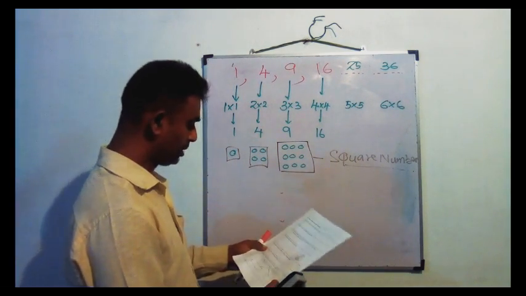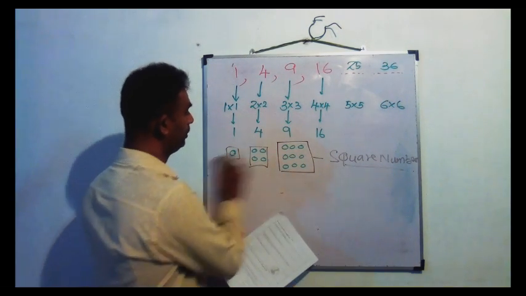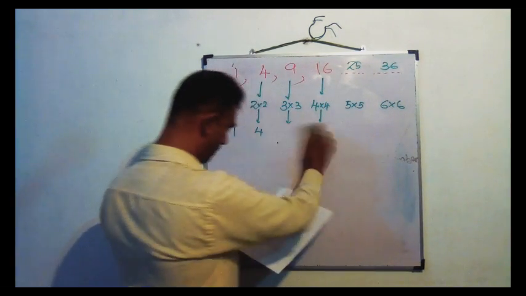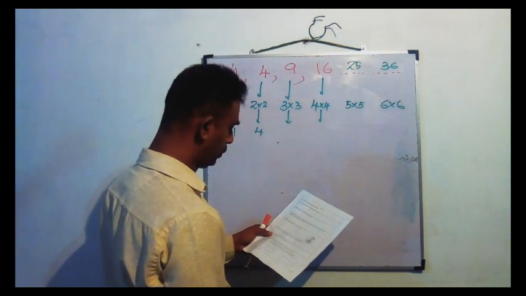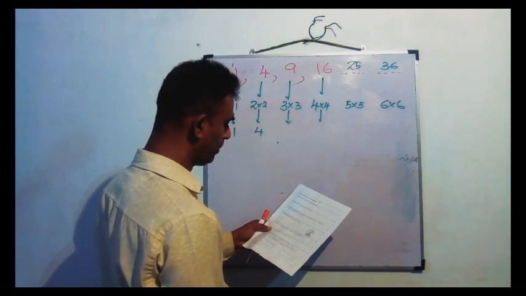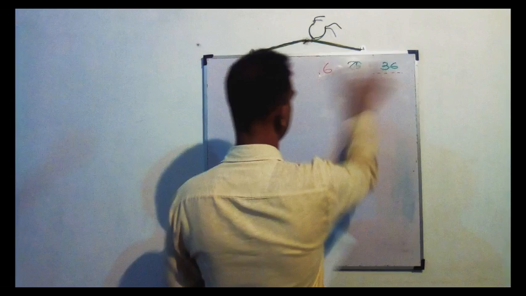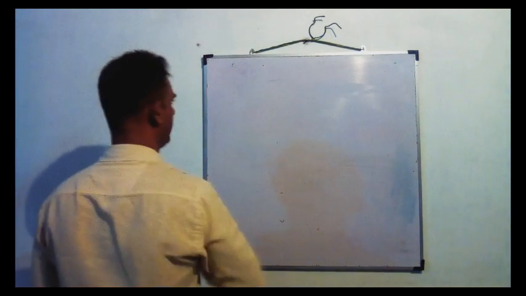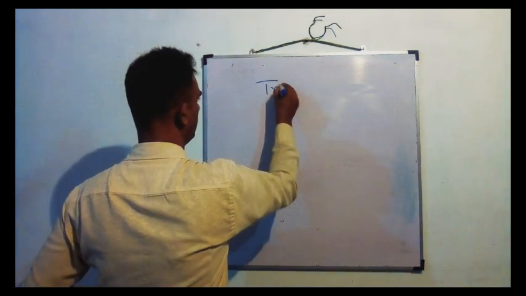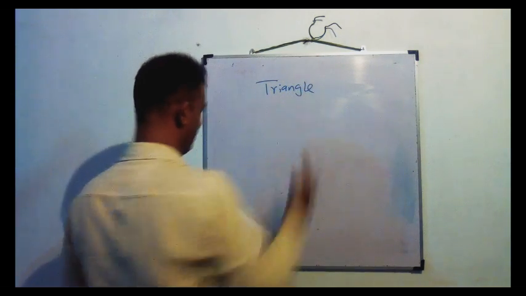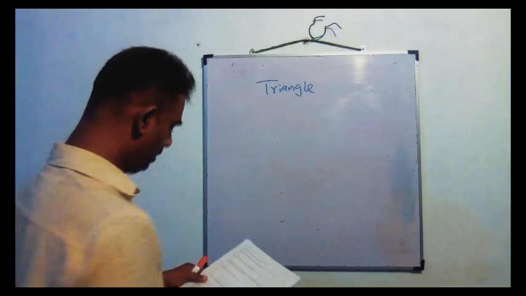Separate the following things into groups and write a suitable name for each. What is there? Triangle. Other one is cuboid.